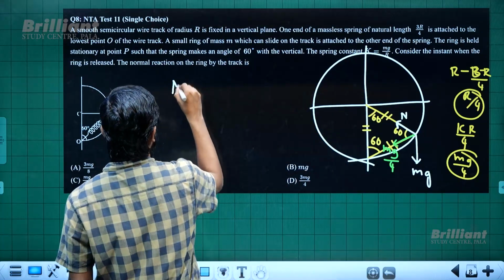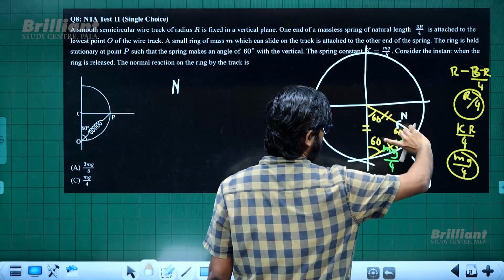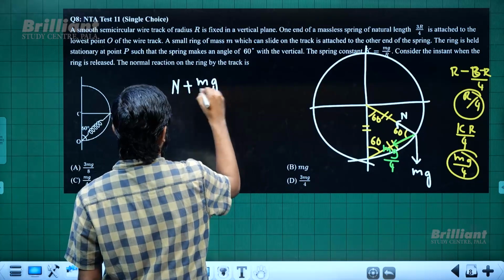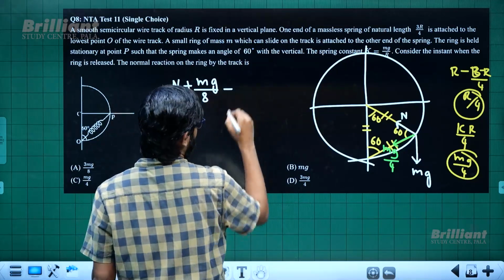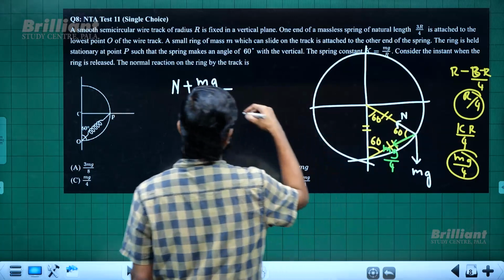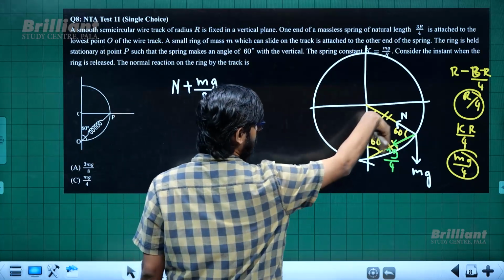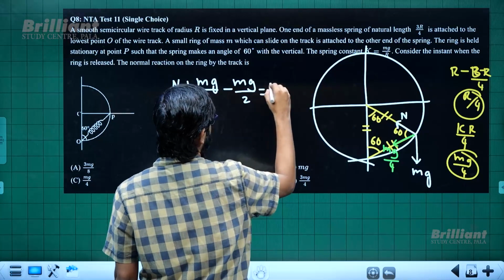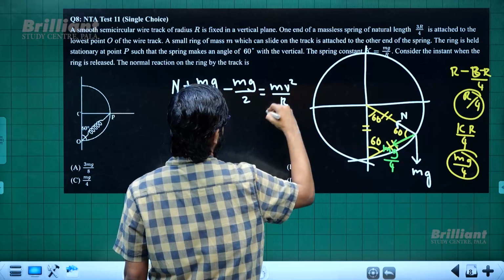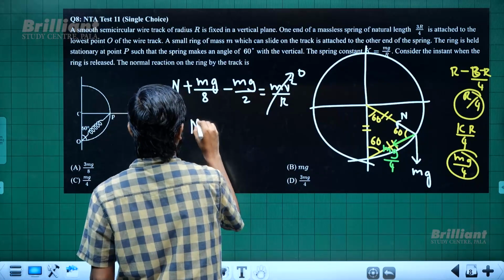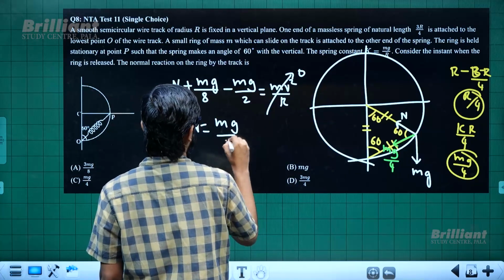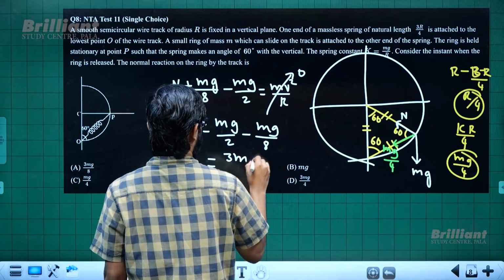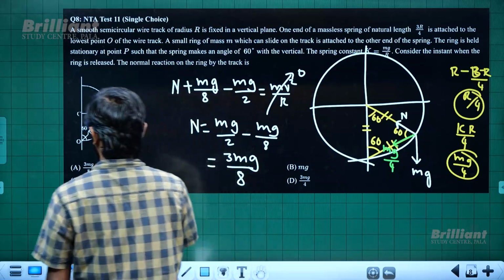So that is N plus mg by 4 cos 60, which is mg by 8, minus mg cos 60, which is mg by 2, equal to mv square by r, which is 0. So normal equals mg by 2 minus mg by 8, which is 3 mg by 8, right.